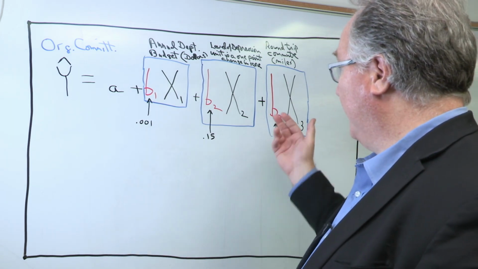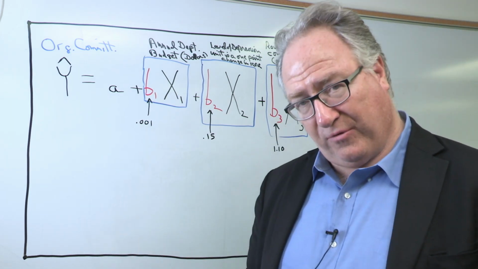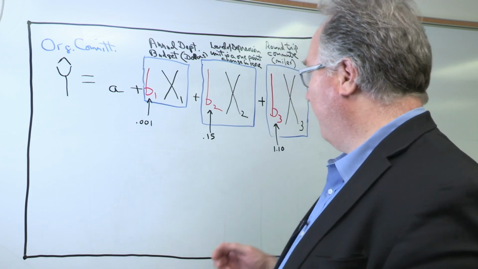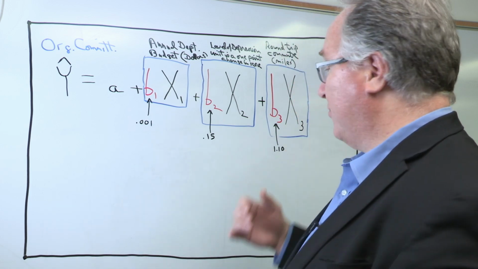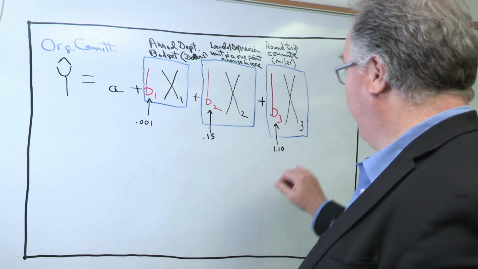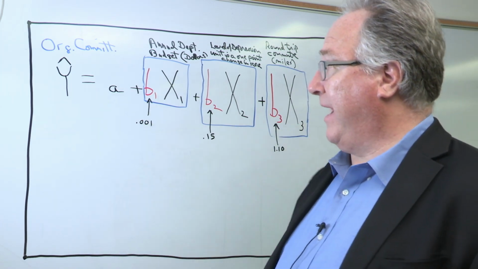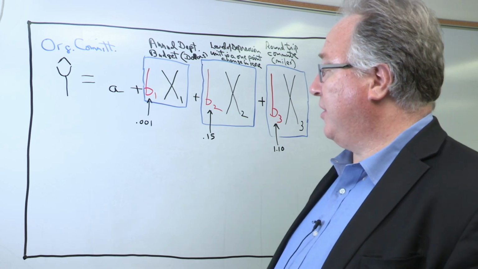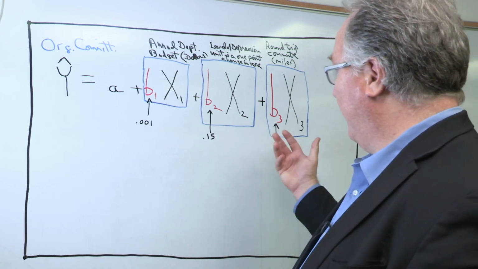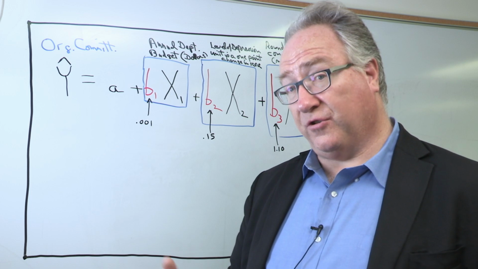For B sub 3, it describes the relationship between our third predictor variable and the outcome variable. So that's what the unstandardized regression coefficients do.